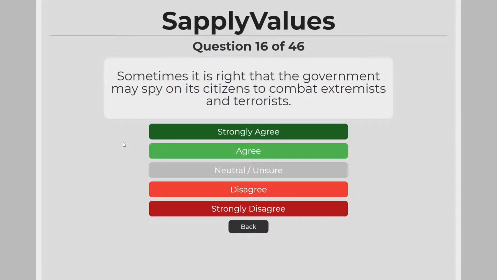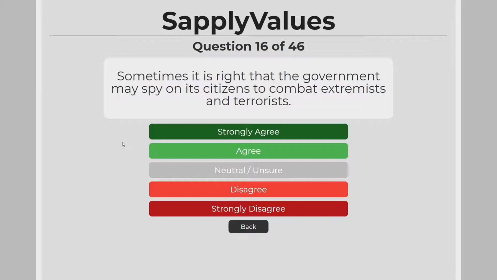Sometimes it is right that the government may spy on its citizens to combat extremists and terrorists. I mean, if this is for a case of public safety, I would definitely agree. And I think that I would put strongly agree because it only says sometimes.